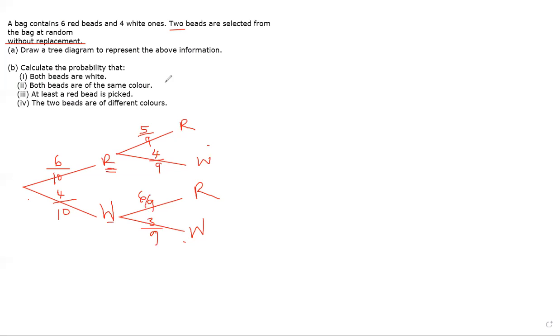Then once you've done that, all the questions will be very easy. Like the first one there. Both beads are white. Both of them. So you just say that is probability of white. You pick the first one white and the second one is also white, which means that probability is 4/10 times 3/9.